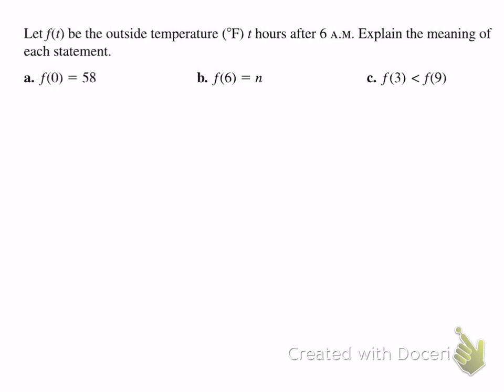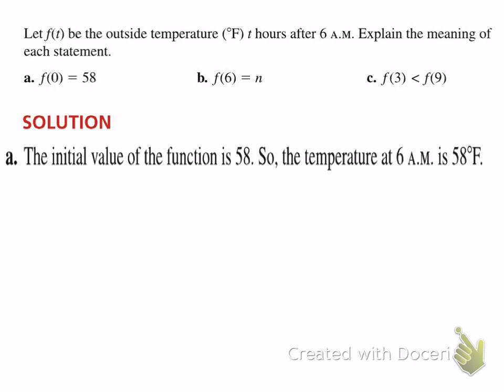Remember, this is a T. So this really means 0 hours after 6 a.m. What does that mean? 58 Fahrenheit. Right. Remember, the whole thing is the temperature. So 0 hours after 6 a.m. is 58 degrees.